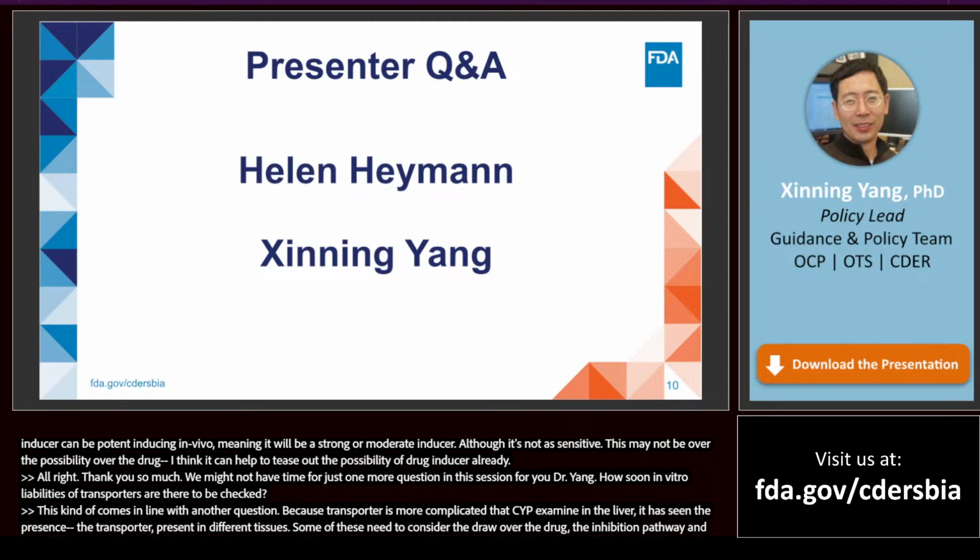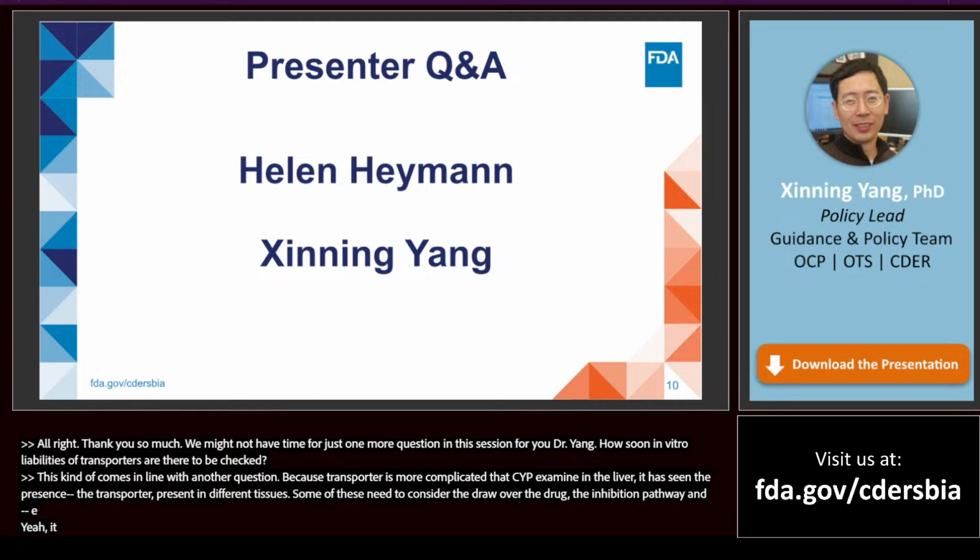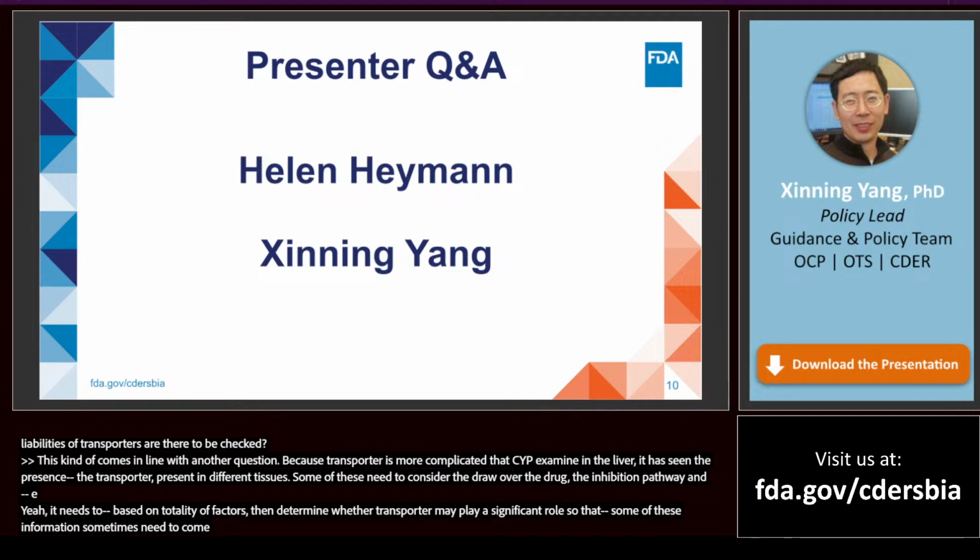So it needs to be based on the totality of factors, then determine whether a transporter may play a significant role. Some of this information sometimes needs to come from a clinical study. So the timing for transporter studies, I think, varies more than for CYP studies.